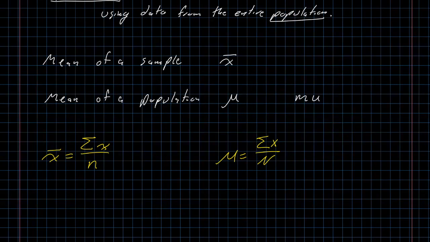I've been using the convention that capital letters represent data from a population and lowercase letters represent data from a sample. So x bar, the mean of the sample, is written here using the capital Greek letter sigma, which I think I mentioned in a previous video, but it's worth repeating.